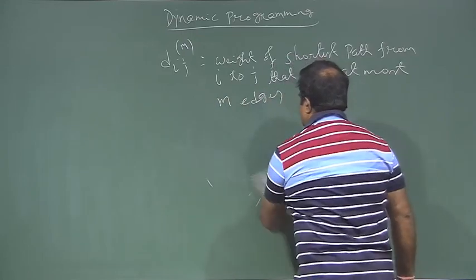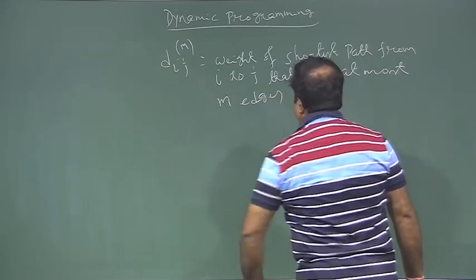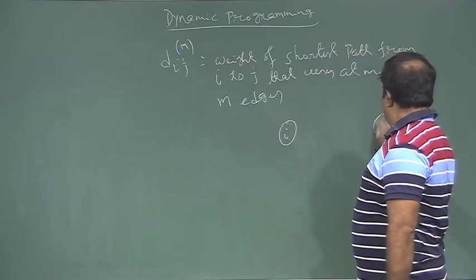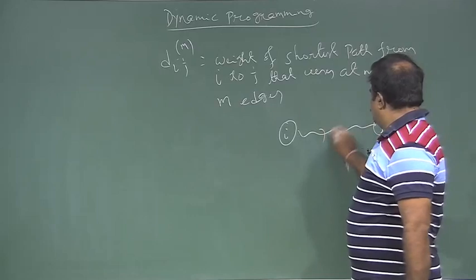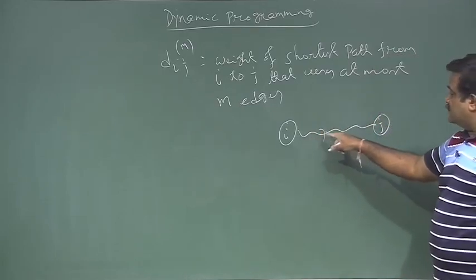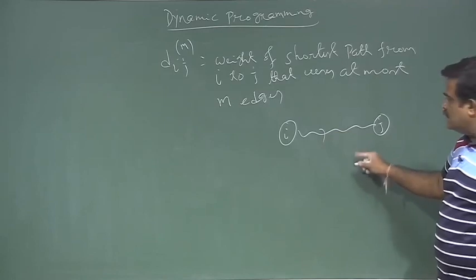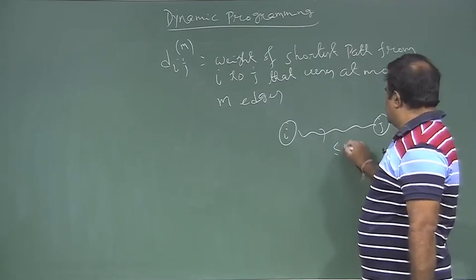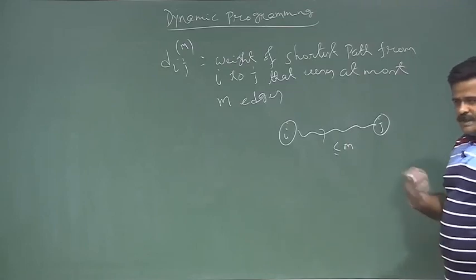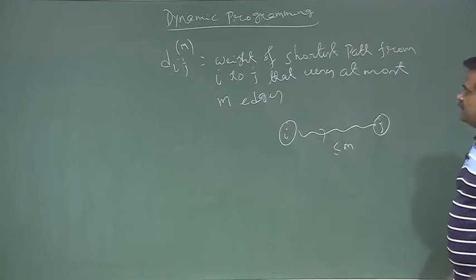So that is the weight of the shortest path that uses at most m edges. That means if we go from i to j and count the number of edges in this path, then that number must be less than or equal to m. And we take the minimum such weight. So that is our Dij^m.